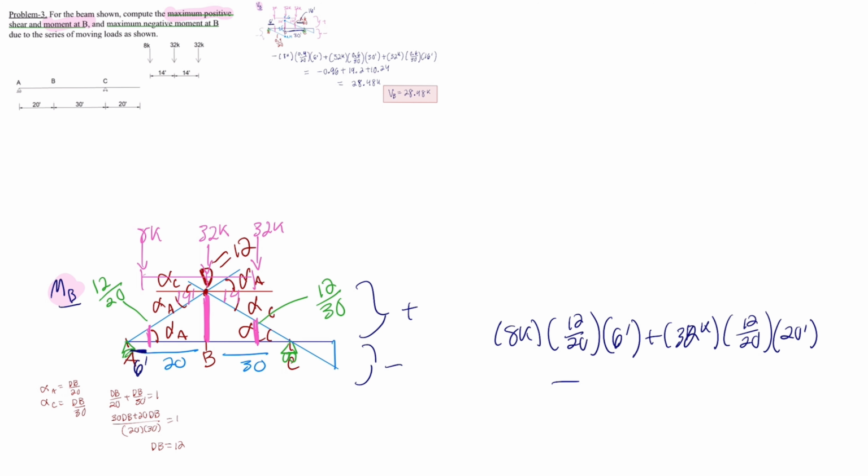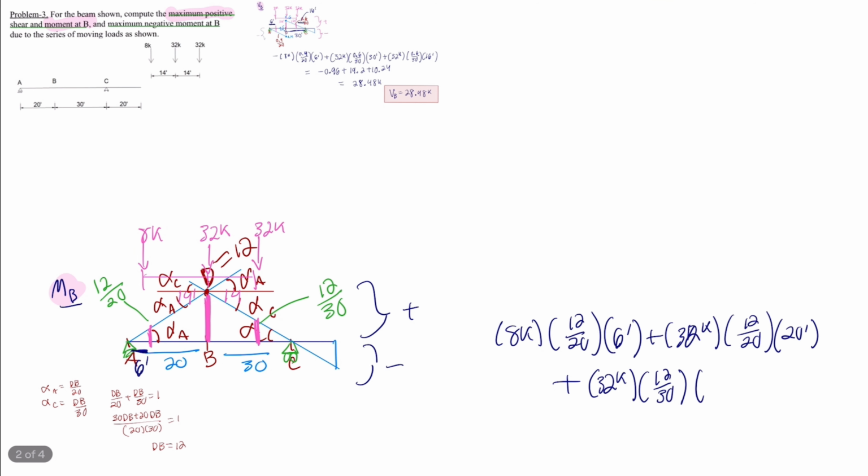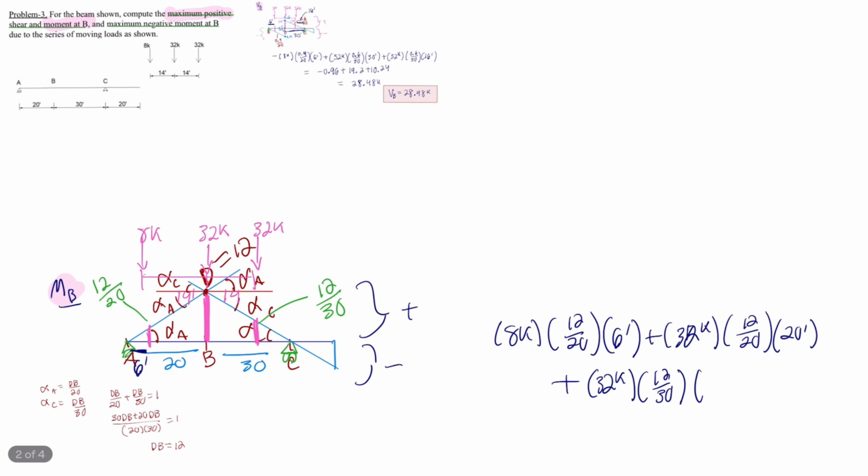And then we will add the third load, which is the 32 kip, times the slope, which is 12 over 30, times the distance, which will be 16. This drawing is not proportional, but if this whole length is 30 feet and this section is 14 feet, then that means that this will be 16 feet.